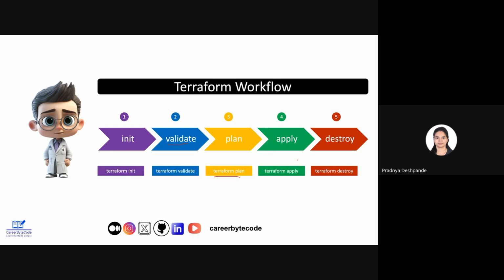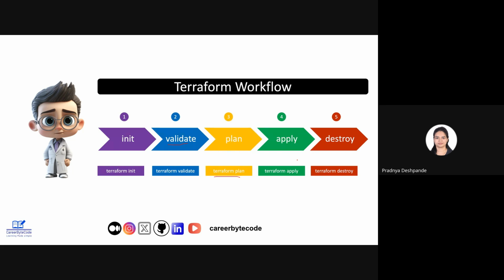The next and important one is apply. When you execute Terraform apply, whatever you have previewed in your Terraform plan and written in your configuration file will be executed, and those resources will be created on your cloud or the provider which you have mentioned.